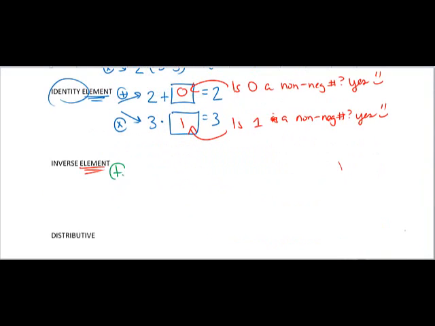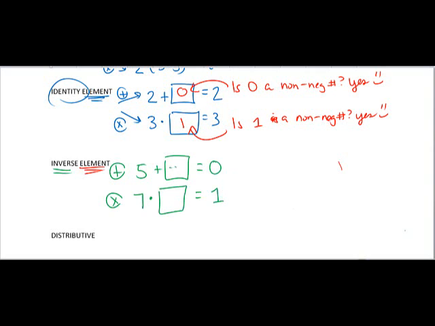So when we look at addition, let's have 5 plus something equals 0, because the inverse is going to undo. When we look at multiplication, we have, let's say, 7 times something is 1. Remember, these are always what you want in the end when you're talking about the inverse element.